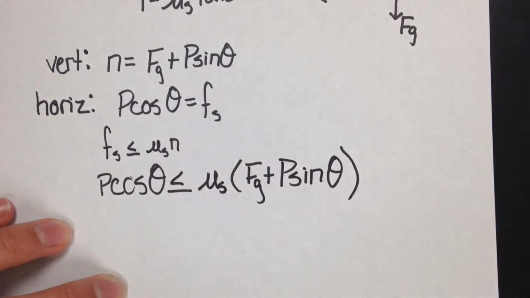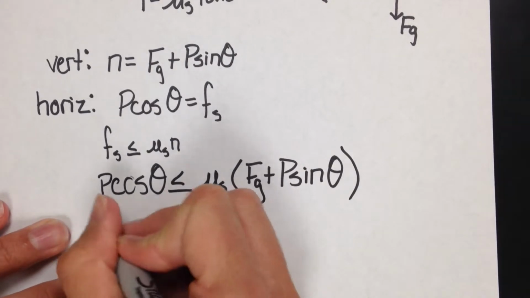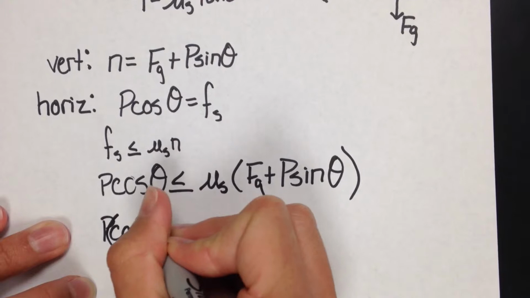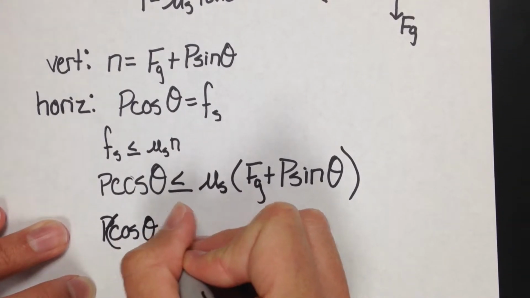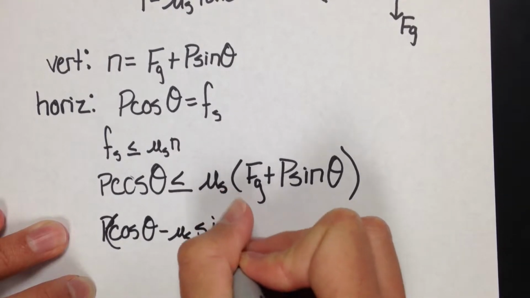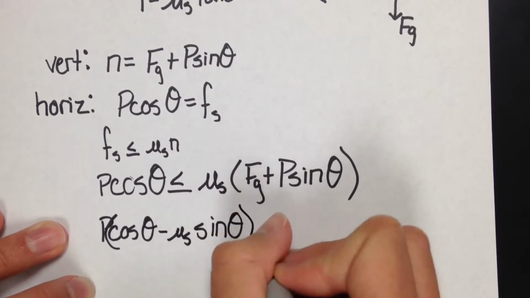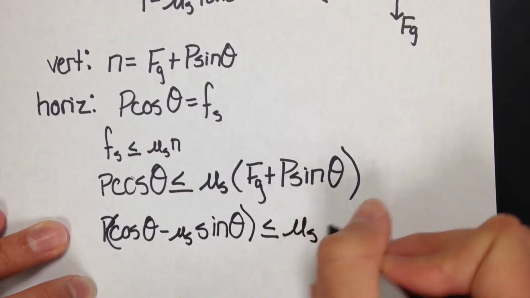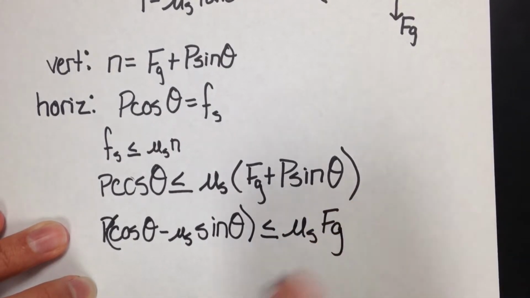So once we rearrange it, it's going to be P times the quantity cosine theta minus mu sub s sine theta is less than or equal to mu sub s times Fg.